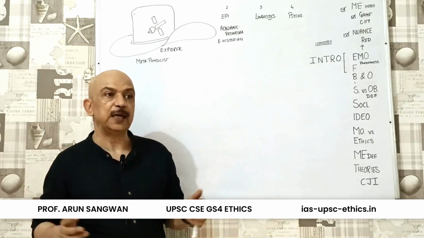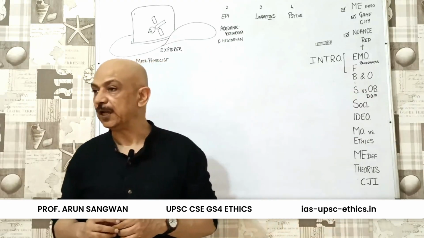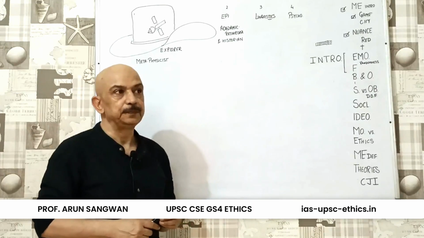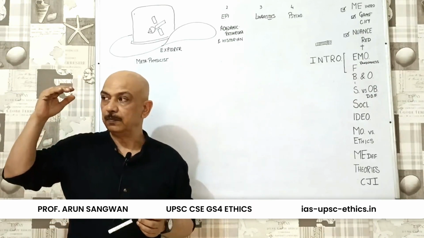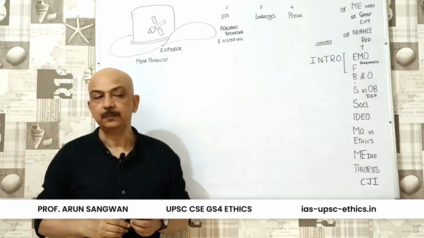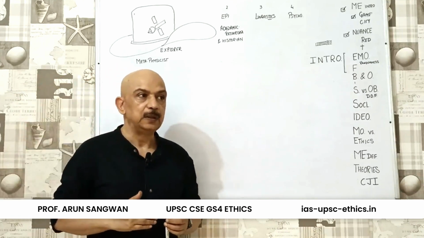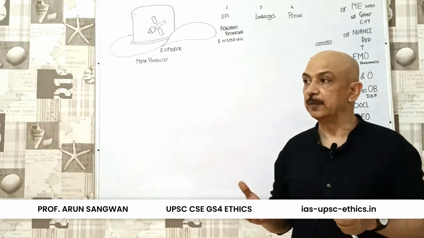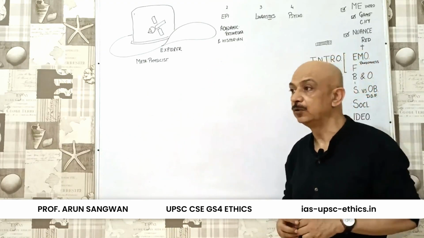They don't want to understand what is moral particularism and how is it different from moral absolutism. They just want to byheart it, mug up these different theories. Well, with that approach, good luck to those candidates.